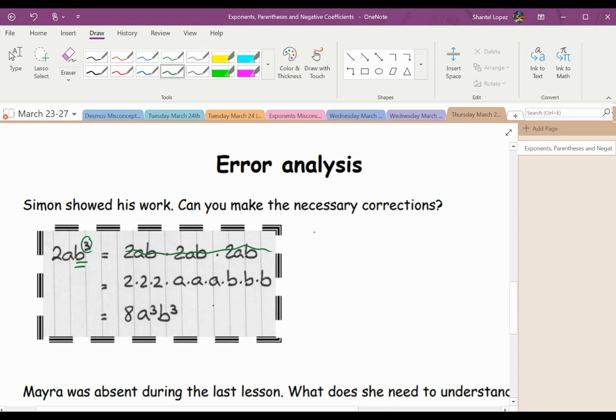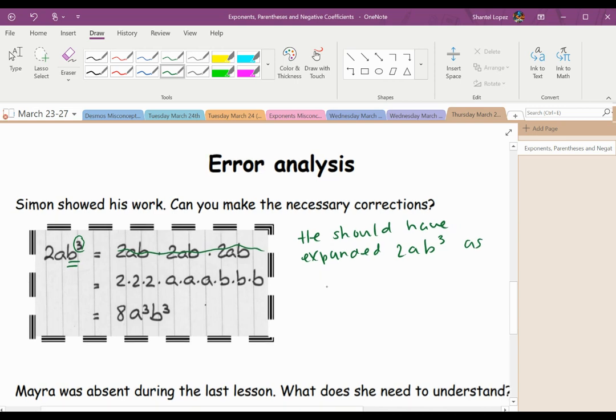So he should have expanded 2a to the power 2 times a times b to the power 3 as 2 times a times b times b times b.